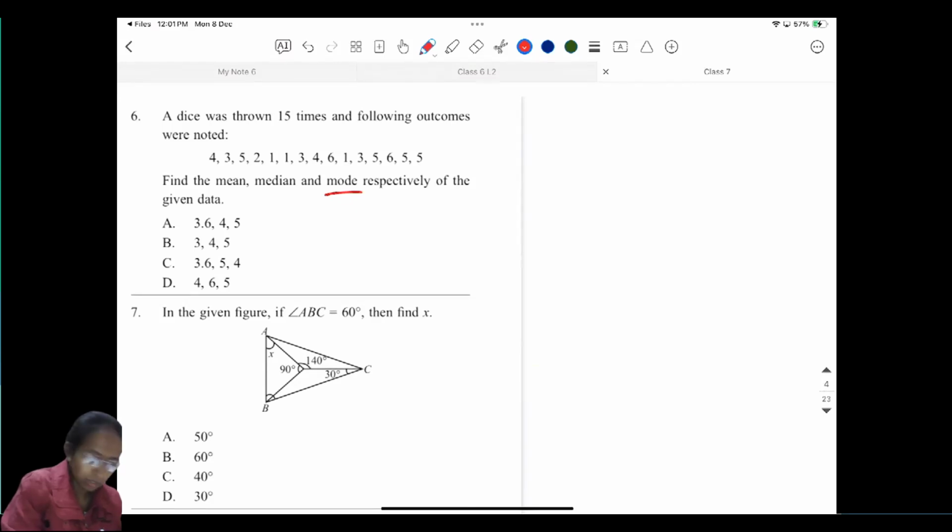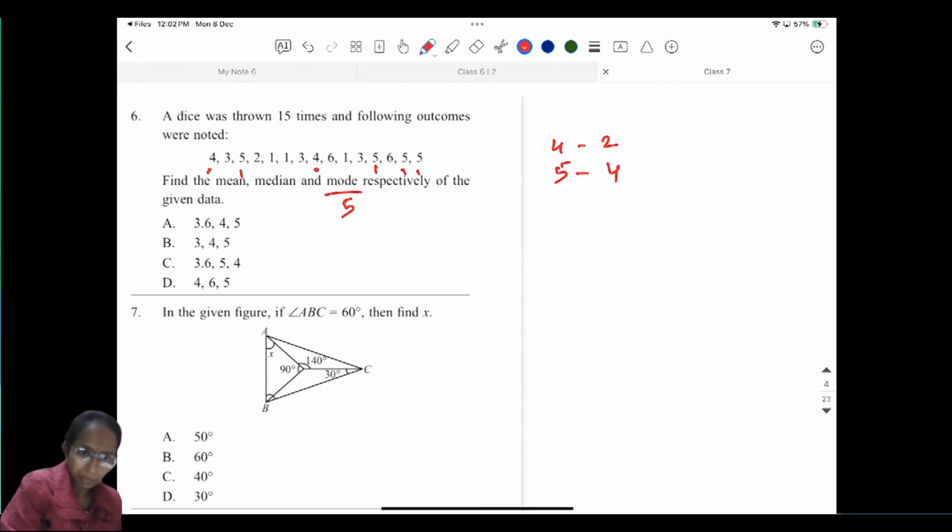So we see that 4 is coming over 2 times, whereas 5 is coming over 4 times. So mode will be my 5.